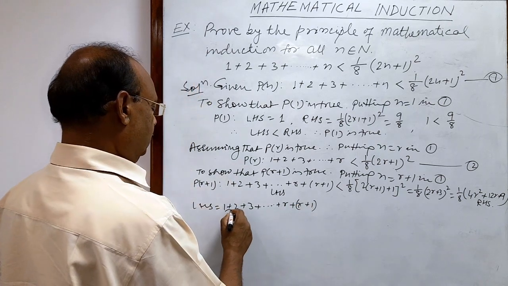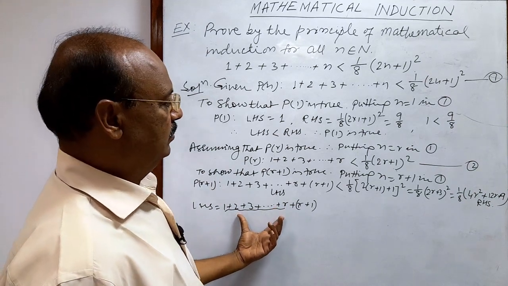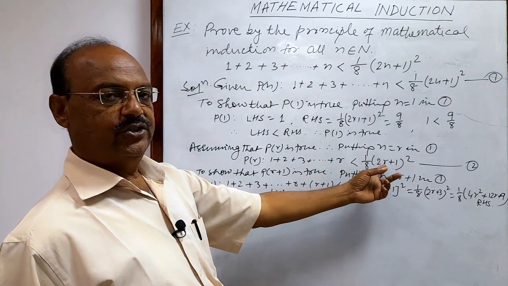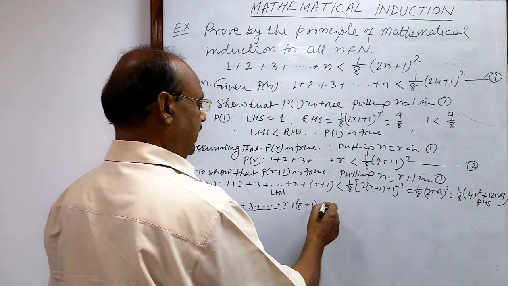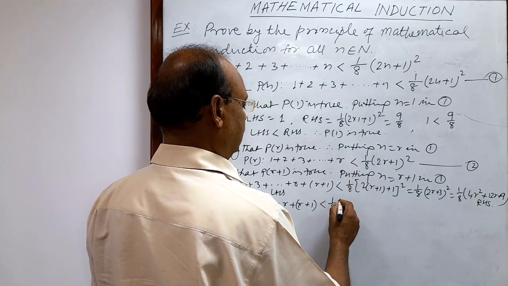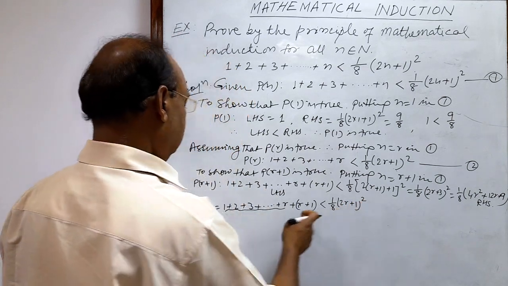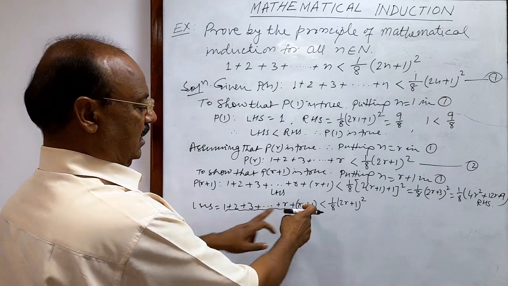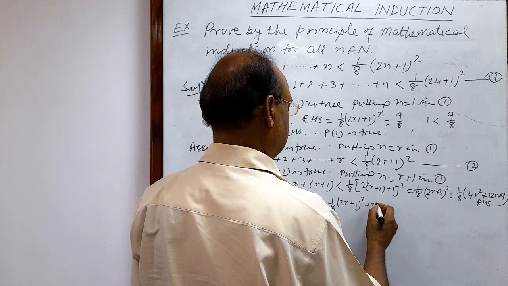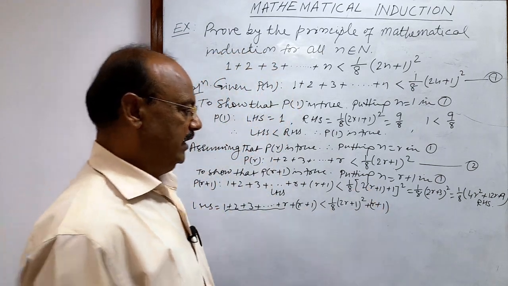But up to these terms, by relation number 2, this is smaller than 1 by 8, (2r plus 1) whole square. We are writing this value for these many terms, and the last term is r plus 1, so plus r plus 1. Correct? And now let us simplify it.